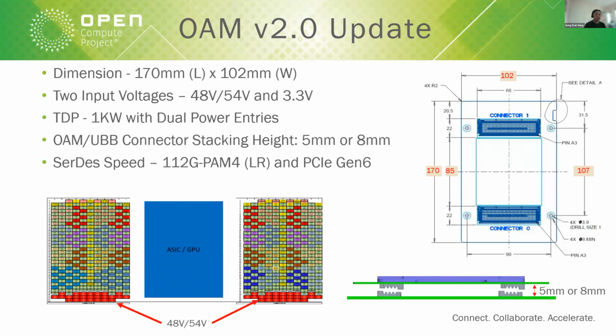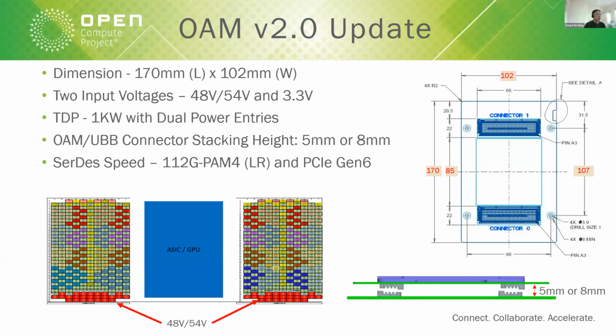The TDP of the OAM is going to be 1 kilowatt, and we're actually adding a dual power entry. So depending on the design, you can either stay with one power entry or dual power entry for higher power. And the EDP target for this OAM module is going to range from 1.2x to 2.0x.